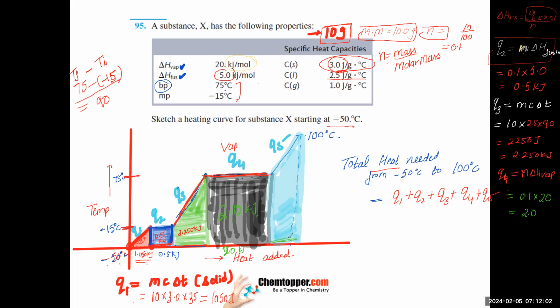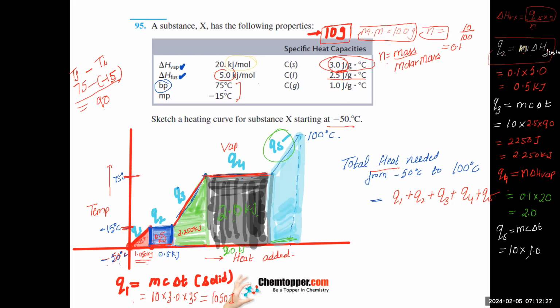Calculate this now, this one, Q5. Now, which equation are you going to use for Q5? MC delta T. What is M? Given 10 grams. C for the gas is 1.0.